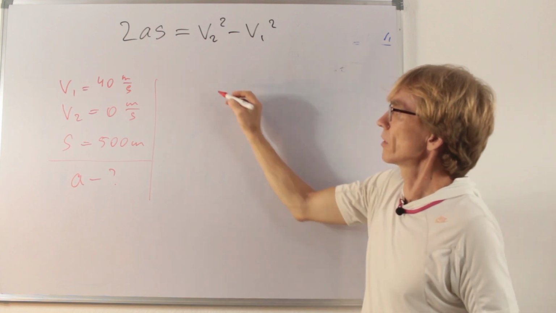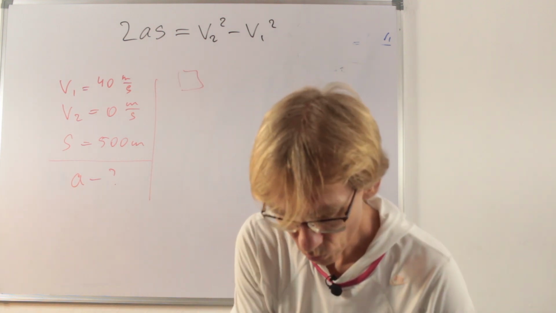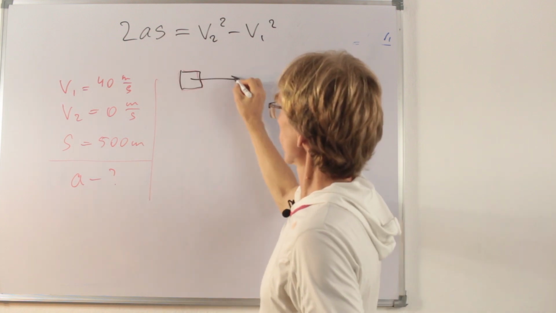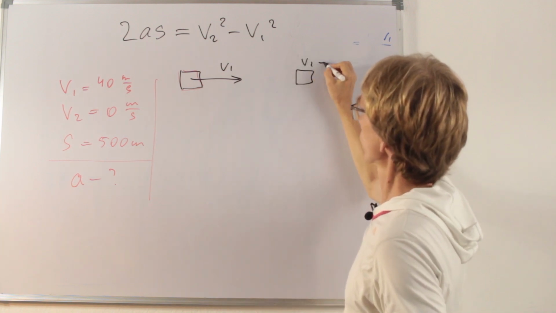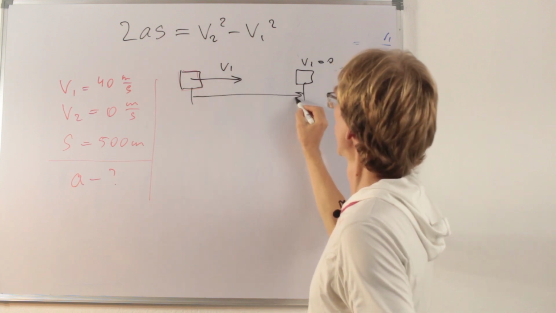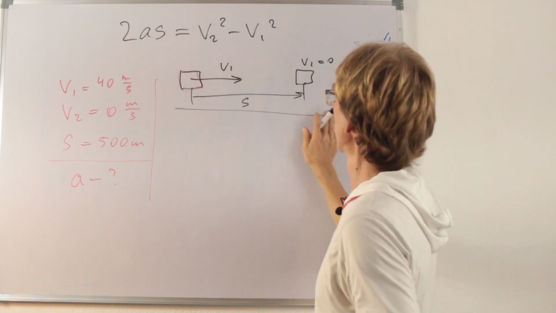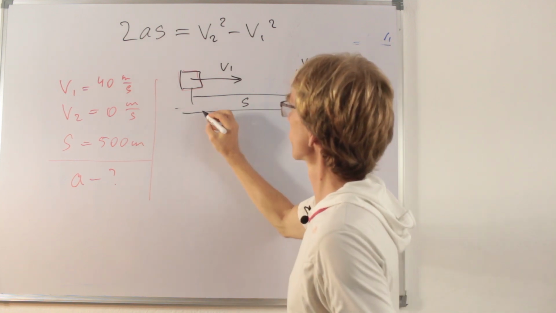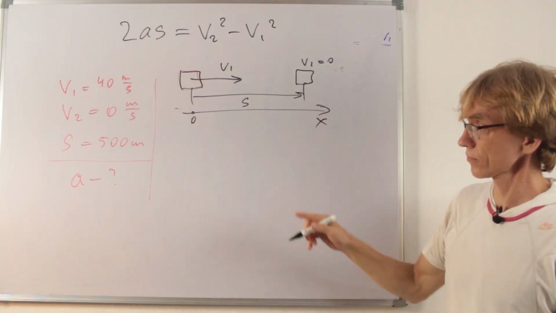Let's draw a diagram to help us with solving the problem. That's a train with initial velocity, coming to a stop over the distance 500 meters. Here is the positive direction. Say this is 0 and this is x.